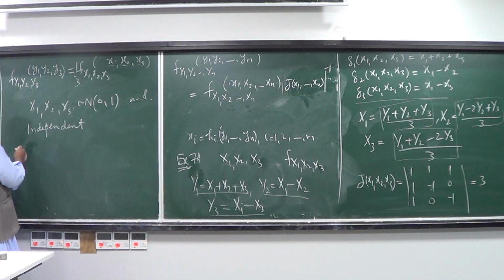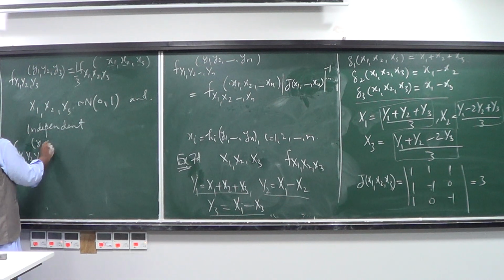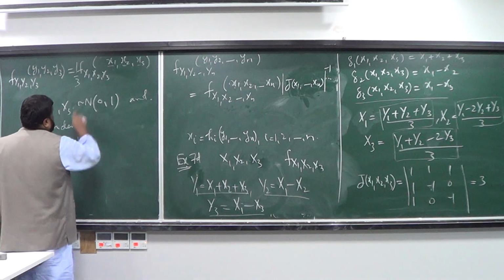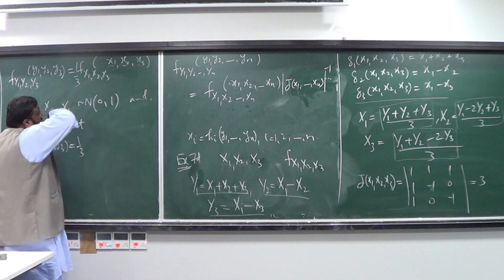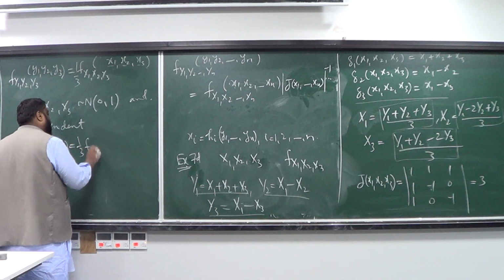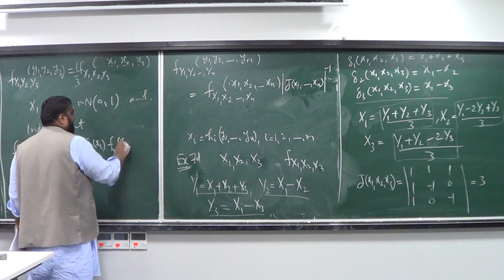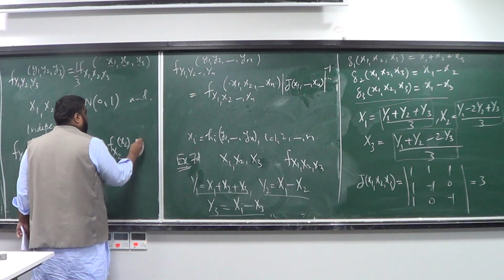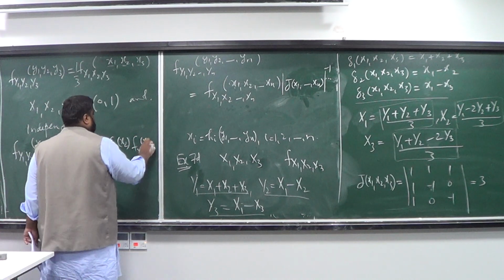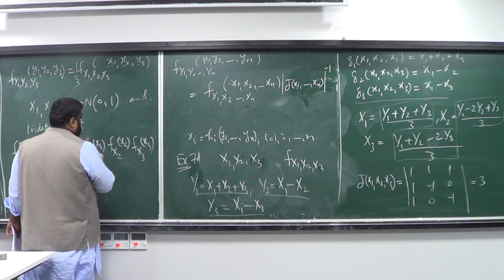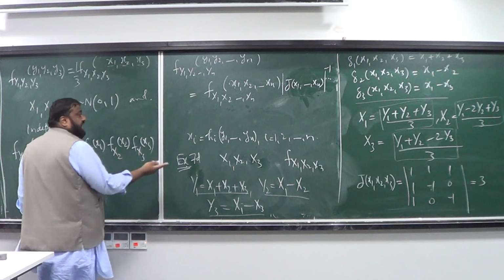If this is the case, then f of y1, y2, y3 would be equal to 1/3 of the product, since all three are independent, of the marginal distribution, or the PDF, of each one of them, f of x1, x2, and f of x3 of x3. This is what it is going to be, where obviously these x1, x2, x3 are any real numbers.